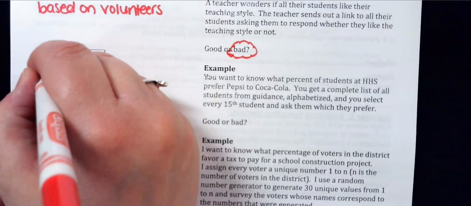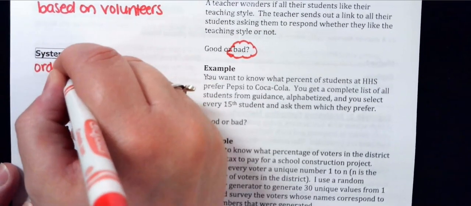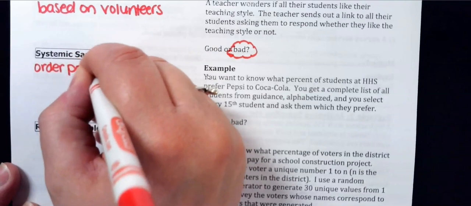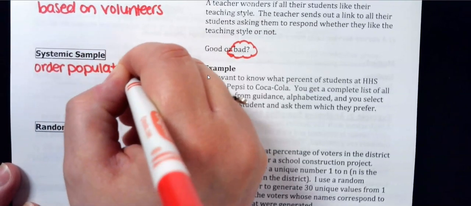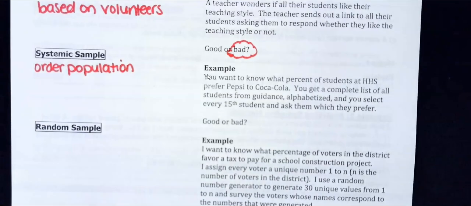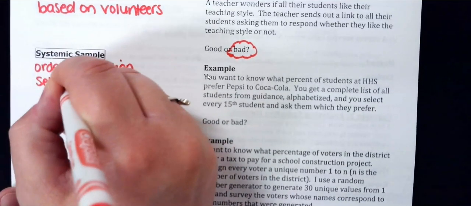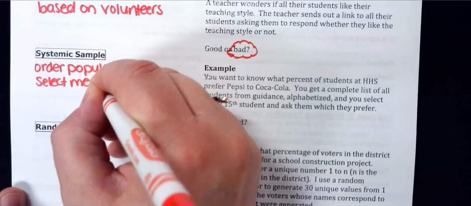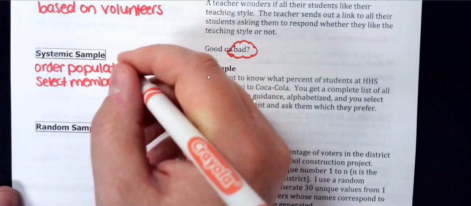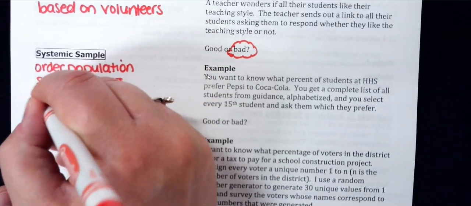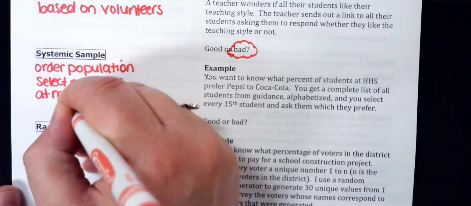You're going to order the population in some way. In this example, they're alphabetized. So we're going to order the population, and then they pick every 15th student. In this particular example, you are going to select your sample members at regular intervals is how you would write this.